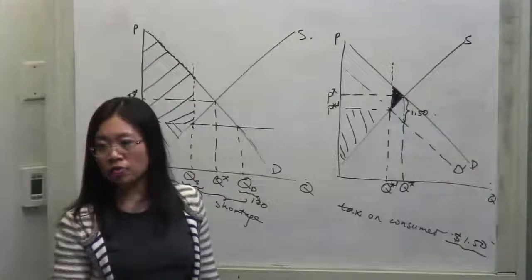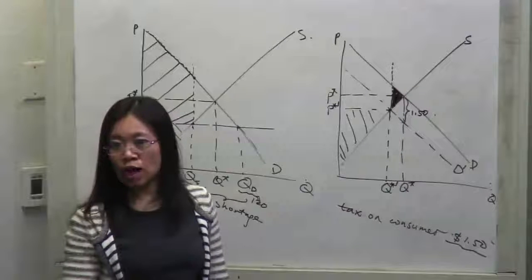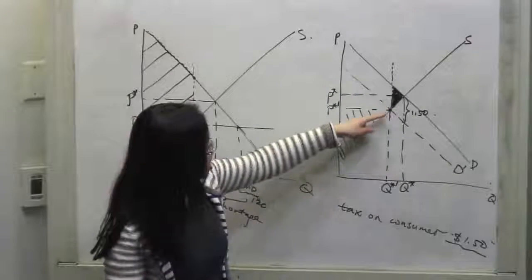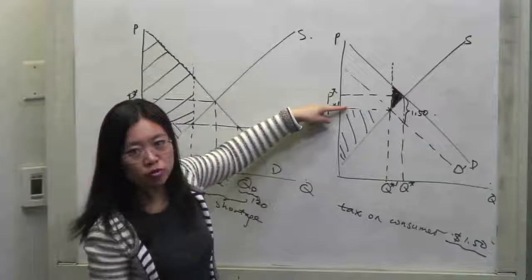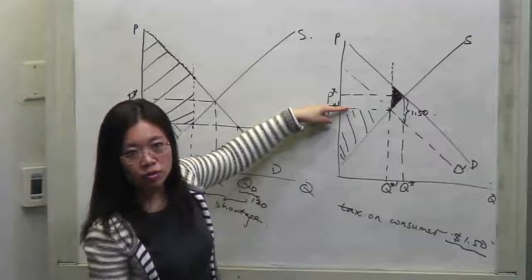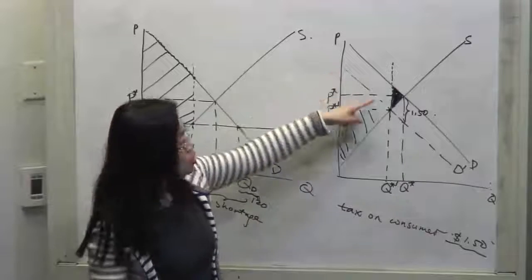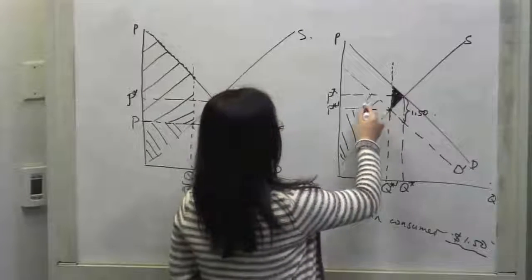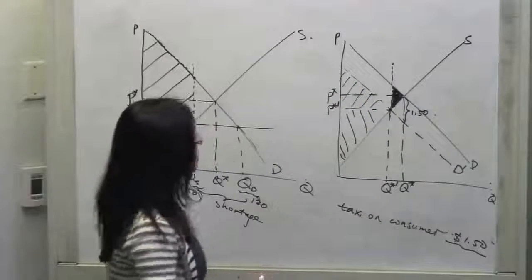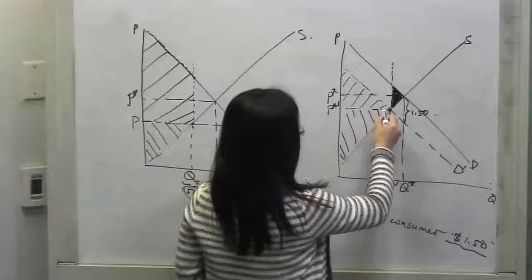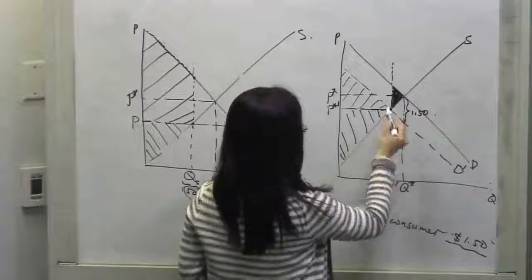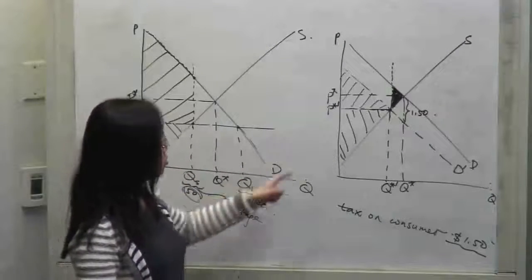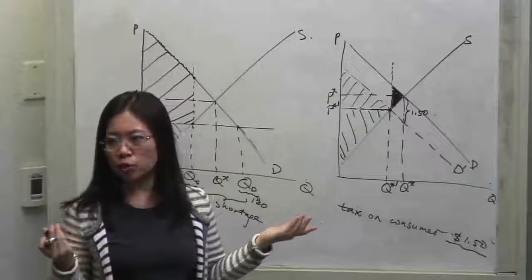New demand, because we're talking about the new situation. So this is the demand line, and this is the market price. Which area represents consumer surplus? It's this triangle here, between demand and the price. If you just want to know consumer surplus and producer surplus, then these two areas represent all, right?